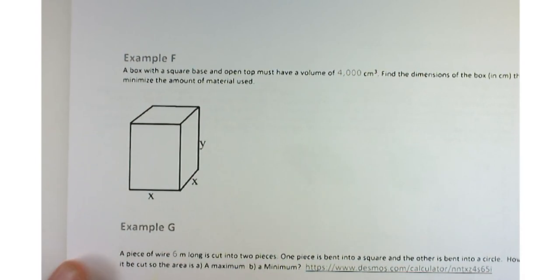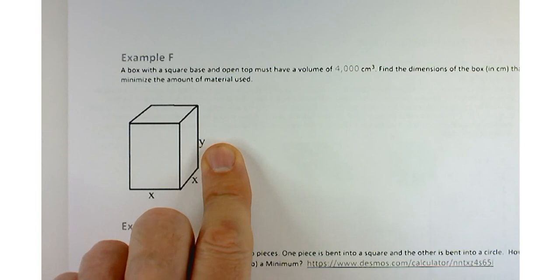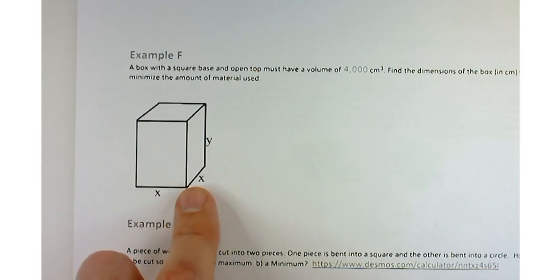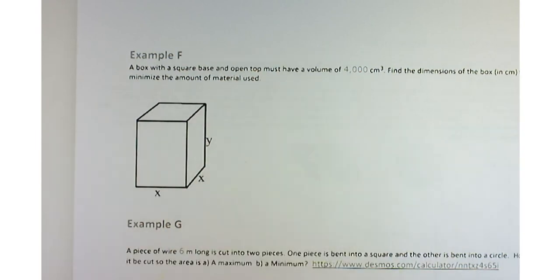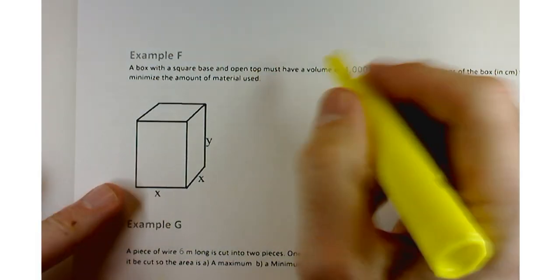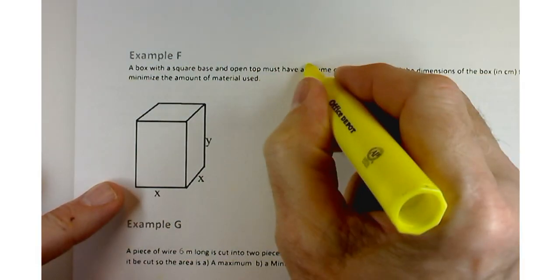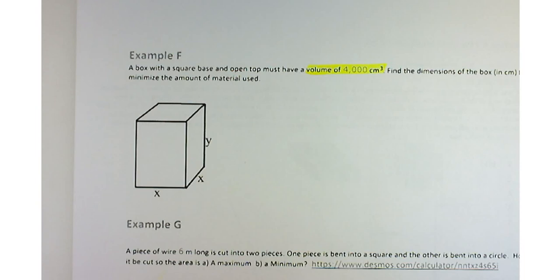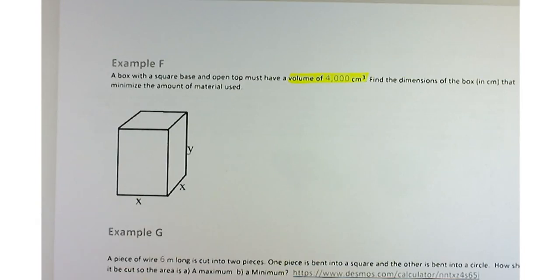So keep in mind that one of these is gonna have a dimension of y, the other two have a dimension of x. And they give you that you're going to enclose 4,000 cubic centimeters. Okay, good luck on that one.